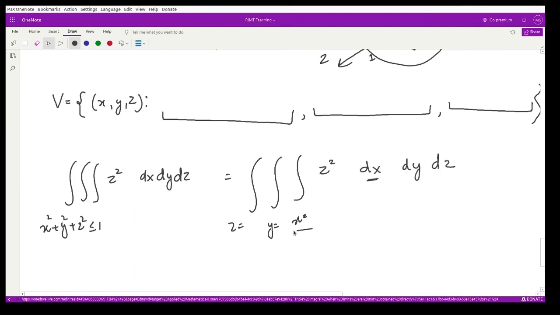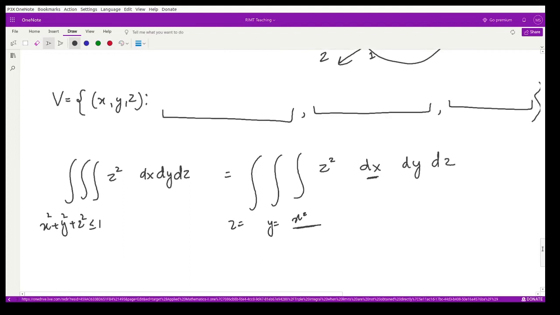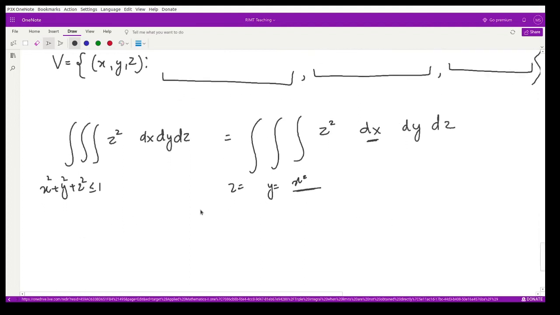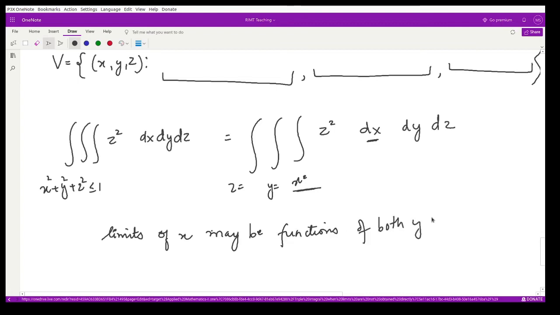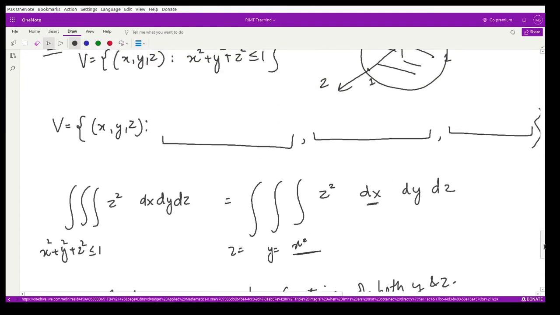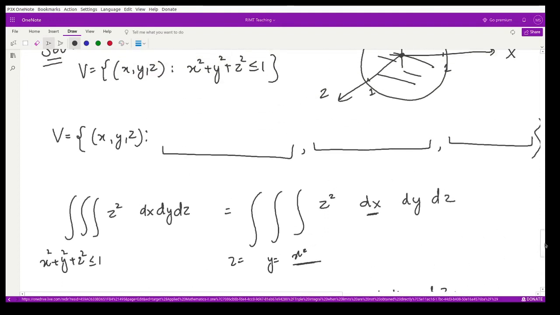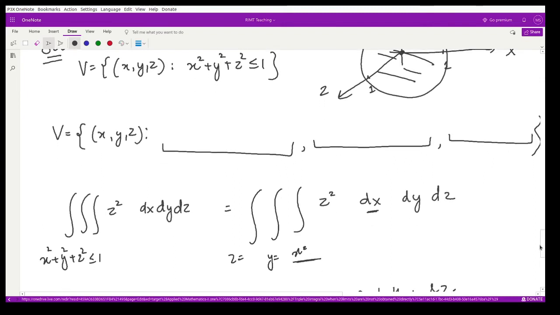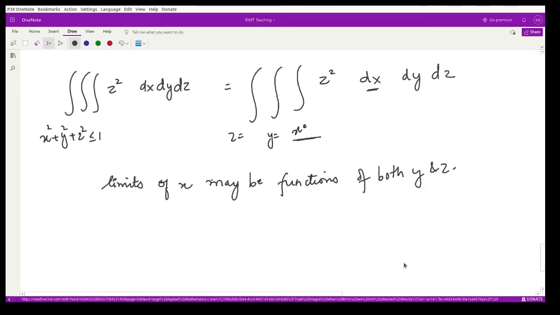Now for the limits of x, what do we require? The limits of x may be functions of both y and z. So in this case you will start from the origin, or in other words you can solve this: you have x square plus y square plus z square less than or equal to 1.